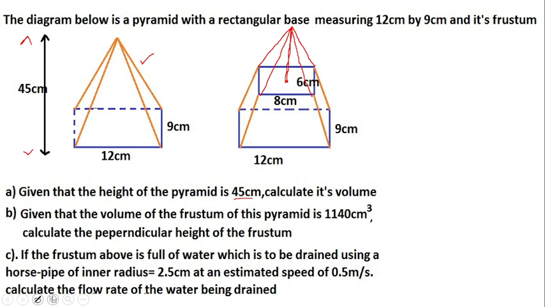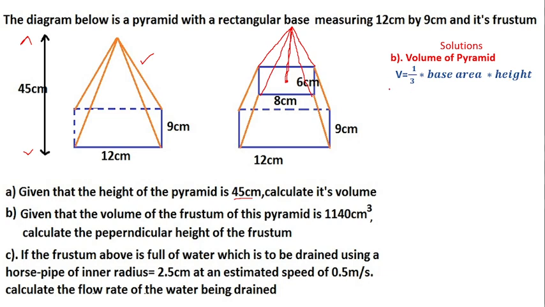Now we can proceed. What we need to do is get into solving. We have the volume of a pyramid, so you just need to insert the formula which you need to remember. The formula for the volume of a pyramid is given by 1/3 multiplied by base area multiplied by height.